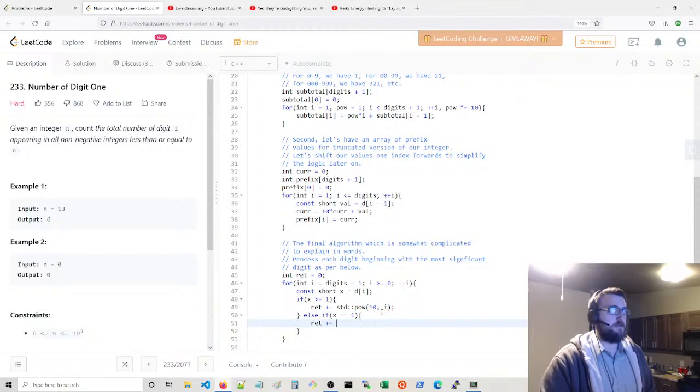Ret would be plus equals. Now this is the other part that I thought was interesting. So prefix of I, we were saying that before too.